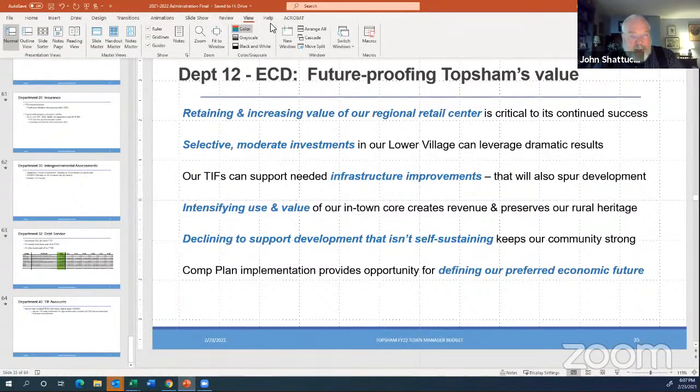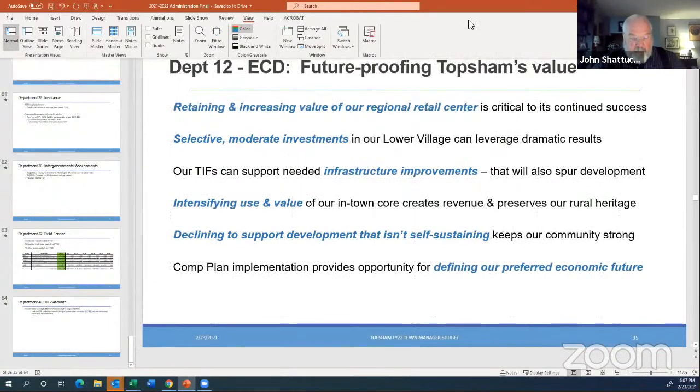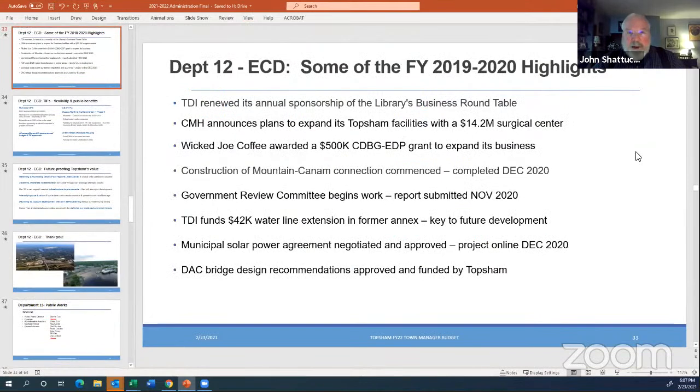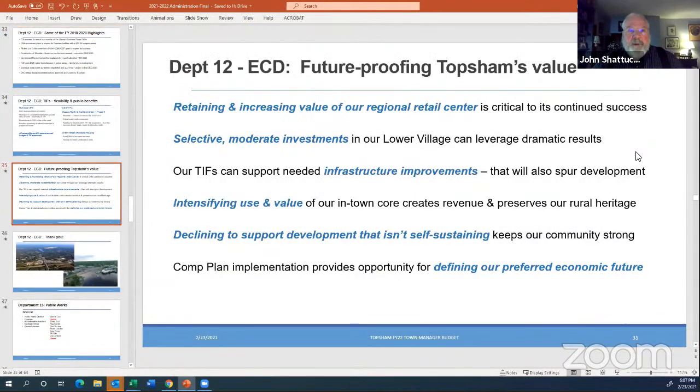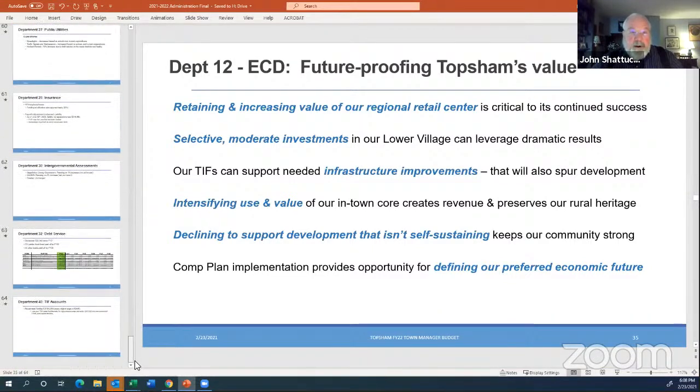In other words, to try to leverage what we have rather than investing in the hopes of attracting a jackpot win. Let's build on what we have and strengthen that foundation. And it's been very effective for us for the last dozen years.